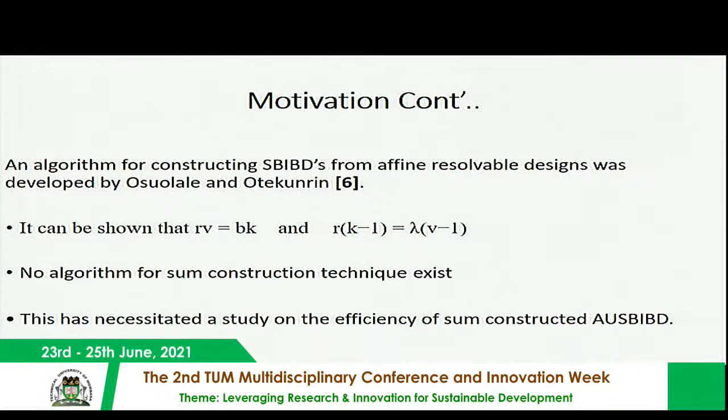And also the fact that taking the number of replicates into the number of times each treatment appeared, if you take away 1, which we can say the degree of freedom for K, should give us a value lambda into V minus 1, where lambda refers to a parameter in which the number of pairs of treatments within that design exists.